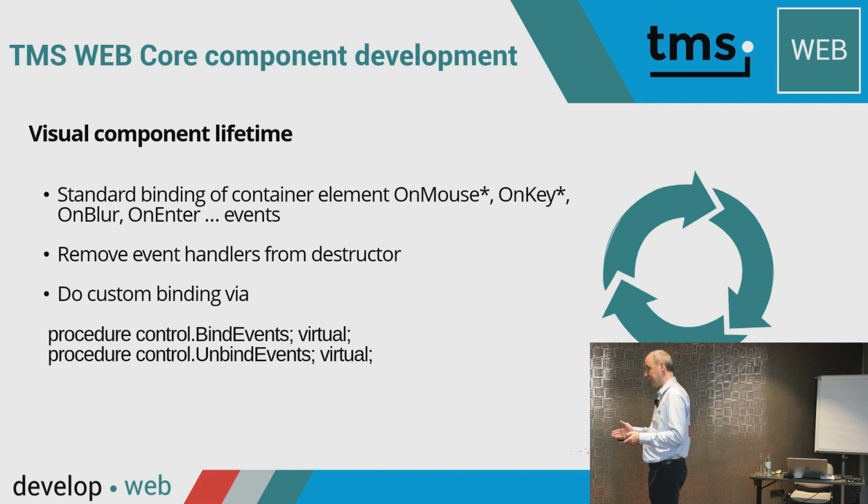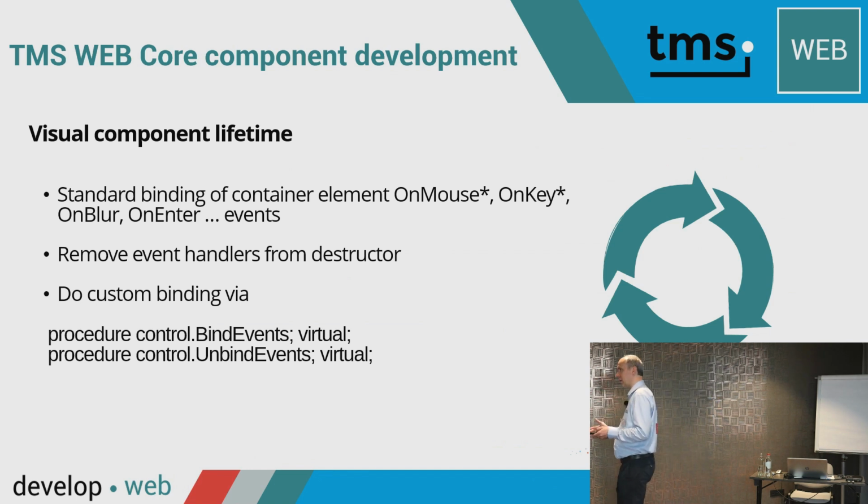In JavaScript you can. And so if you do not remove event handlers from a certain HTML element, imagine an HTML element in your HTML template. At some point, if you don't remove it when your control goes out of scope, you end up with HTML elements in your template that maybe have 200 event handlers that do not exist anymore because the Object Pascal component itself went out of scope.